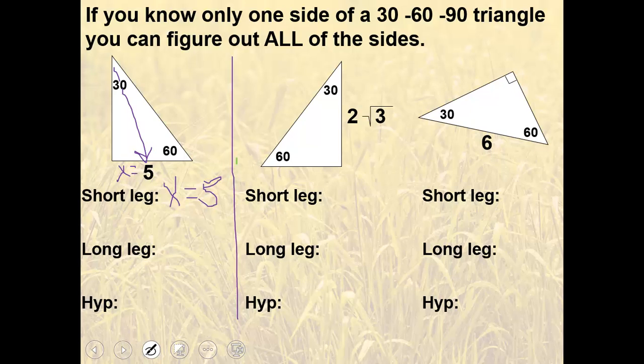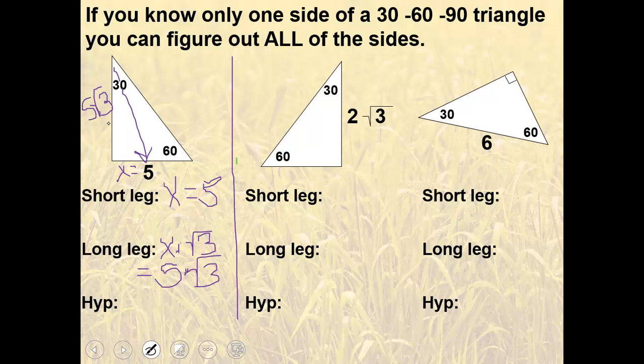Now, the long leg has to be the short leg, x, times the square root of 3. Well, what's x? It's 5. So the long leg has to be 5 times the square root of 3, just like that. That's the length of the long leg, 5 square roots of 3.